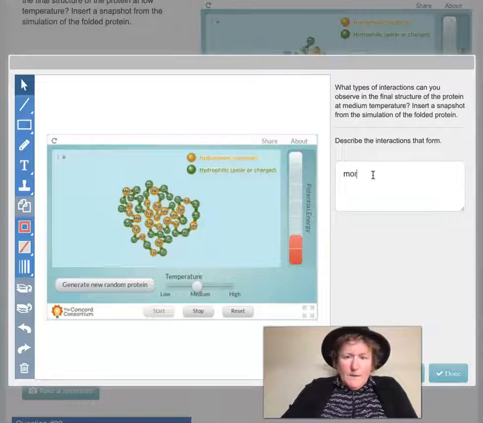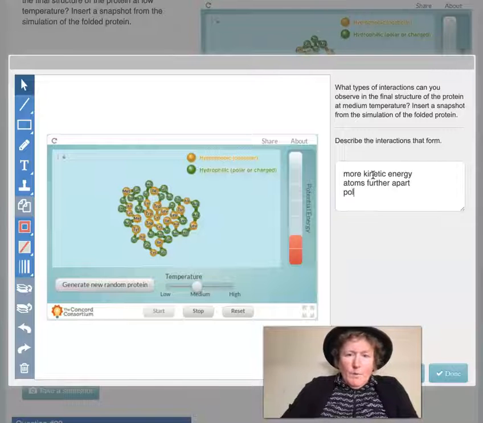And while we're waiting, we can say more kinetic energy. Atoms are further apart. Polar amino acids not so organized.